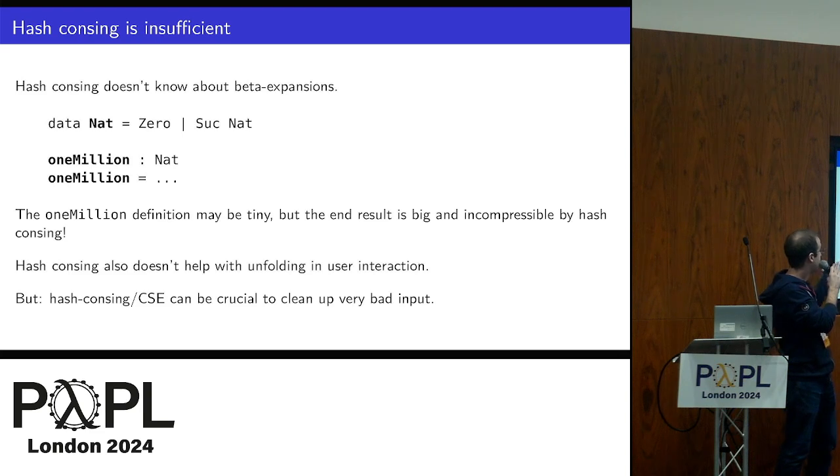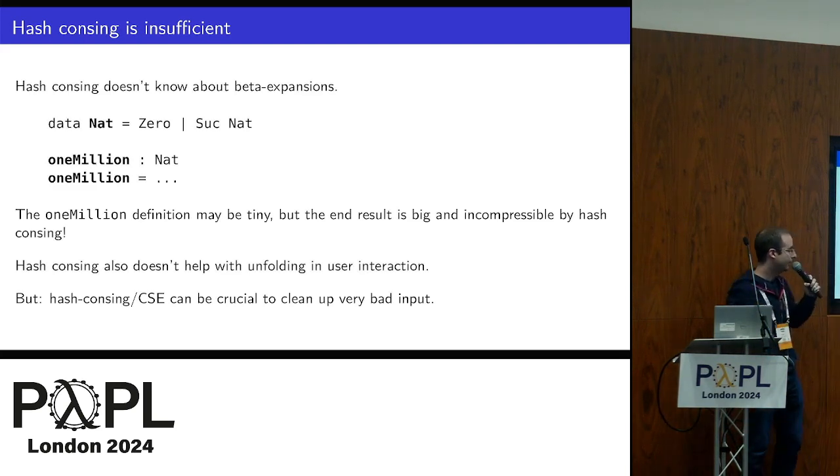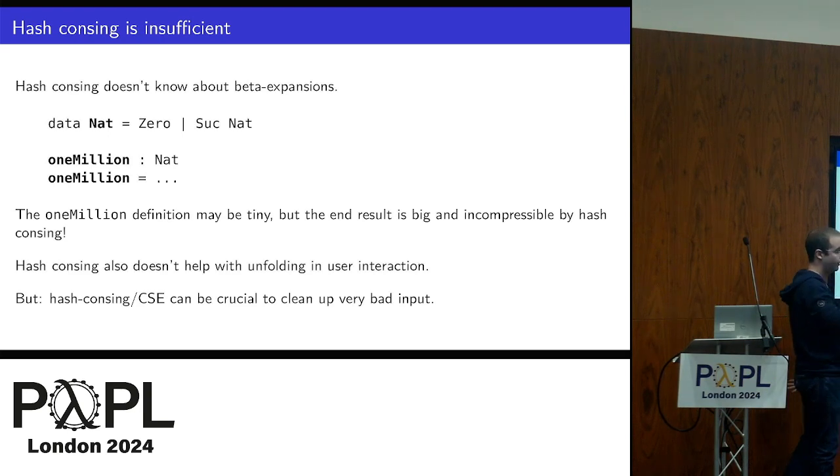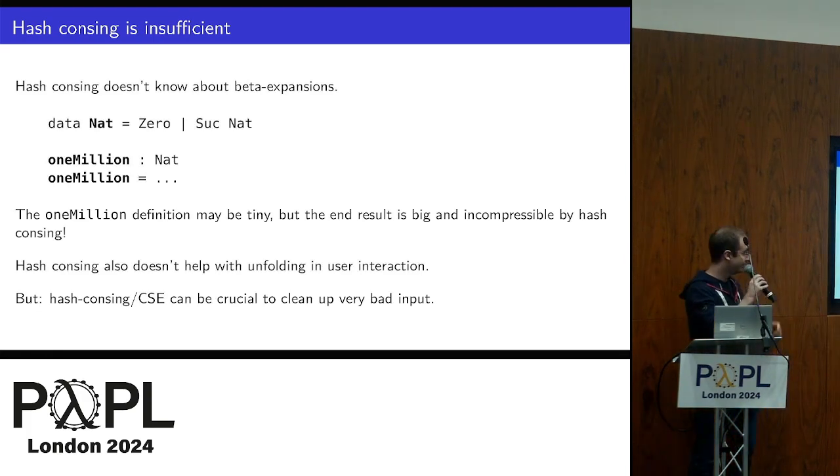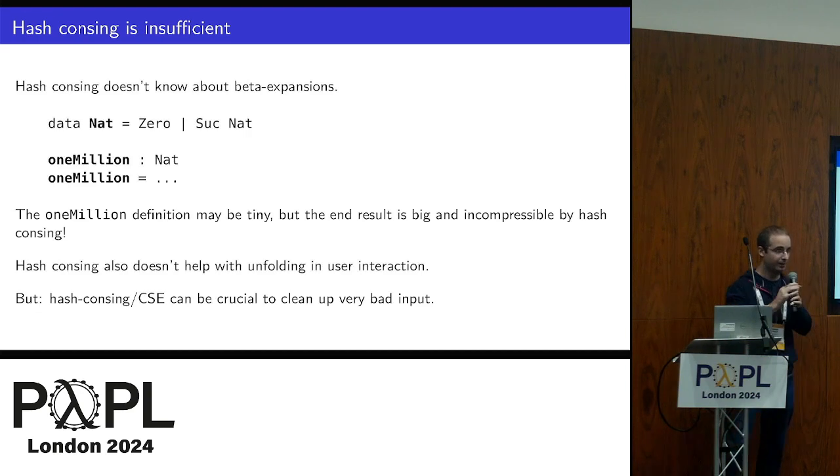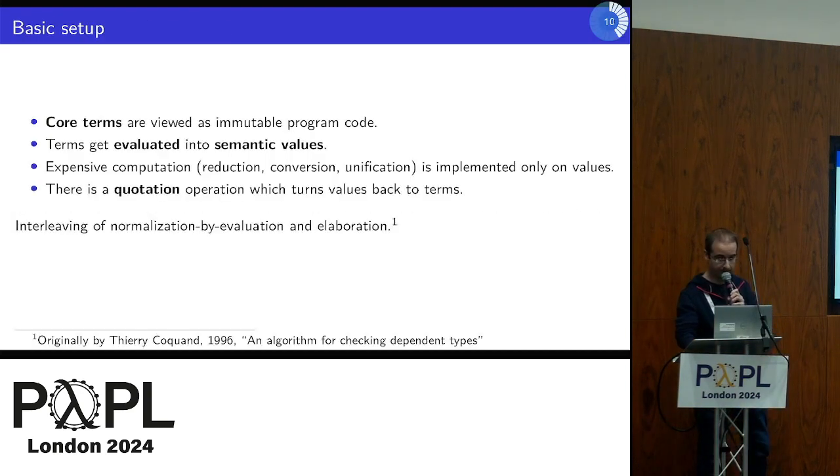But if we actually evaluate it, the end result is incompressible by hash consing. Also, hash consing doesn't really help with preserving unfoldings for the purpose of user interaction, but it can still be very useful to clean up very bad input. It's a general phenomenon that whenever people write code, it's good input. But when tactics or programs write code, it can be really, really bad. In that situation, hash consing can still be essential.